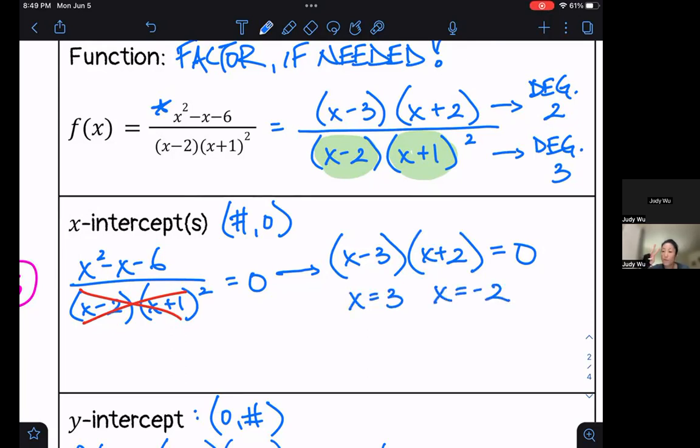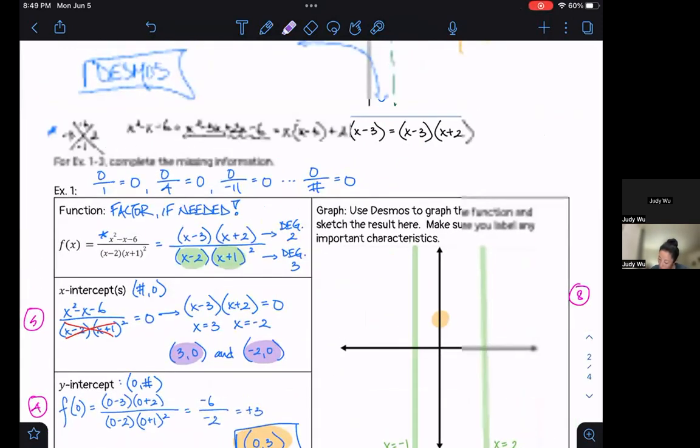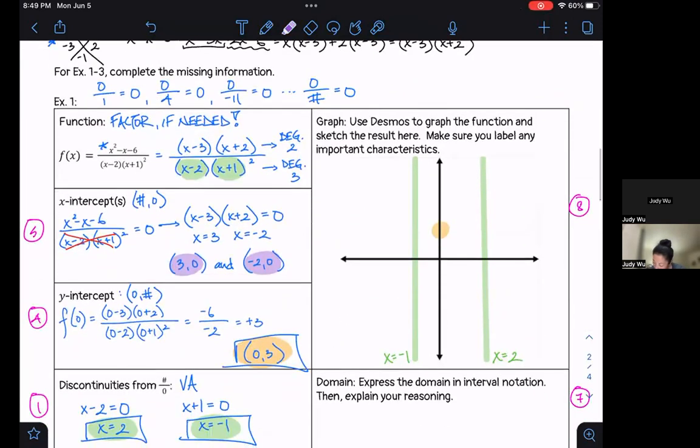So we have two x-intercepts, (3, 0) and (-2, 0). Now, these two intercepts would be, let's see, (3, 0) and (-2, 0). Okay.